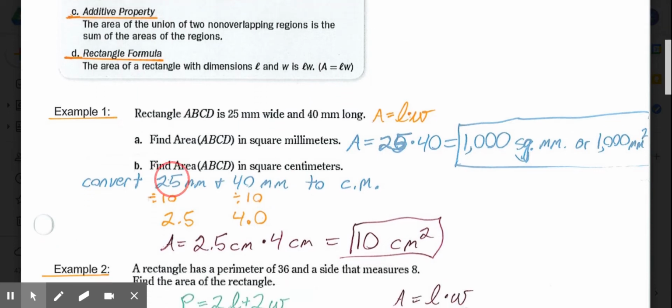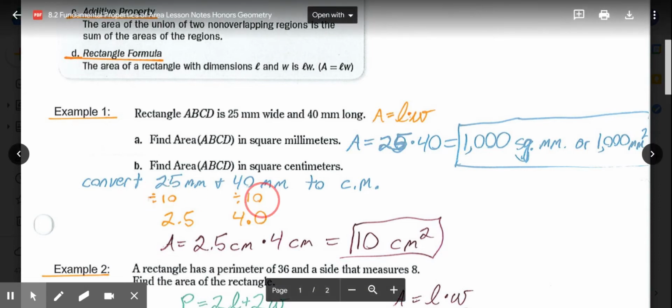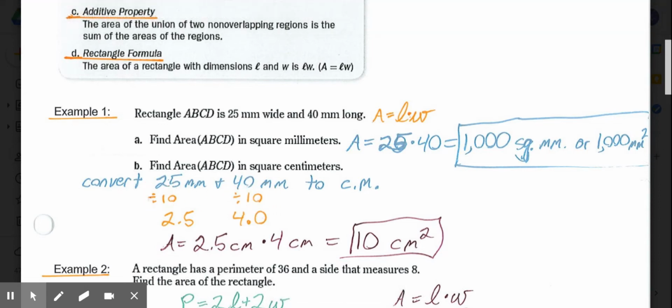So we want to take 25 and 40 millimeters and convert them to centimeters. There's 10 millimeters in every centimeter, so we'll divide both by 10. So we have 2.5 centimeters and 4 centimeters. So the area would simply be 2.5 times 4, which gives us 10 square centimeters, or centimeters squared.